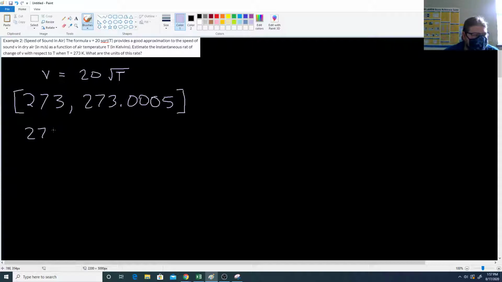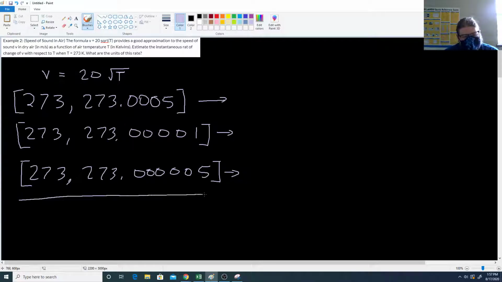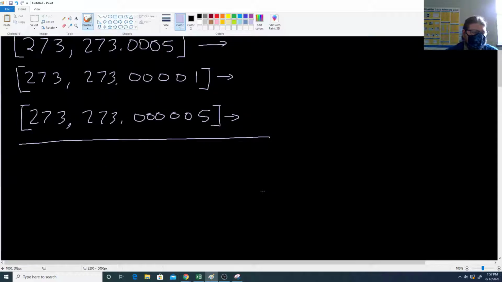We'll look at the time interval 273 up to 273.0001, and then one where we use 5 zeros and a 5. We're going to figure out what these values converge to, if anything. And then we'll approximate from numbers below 273. These first ones are approaching 273 from points to the right of 273.